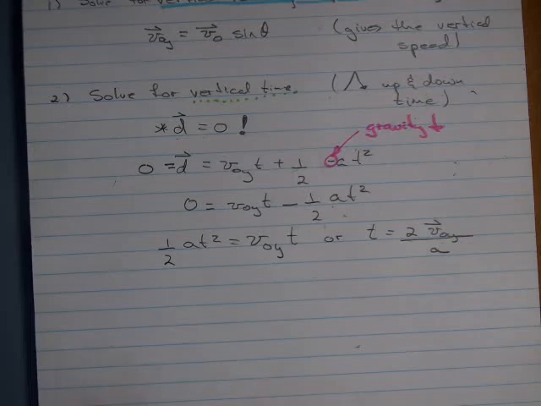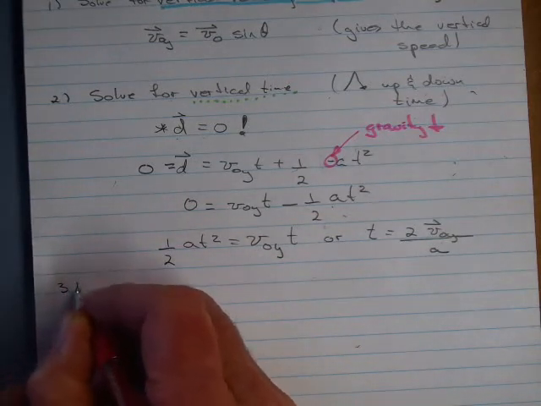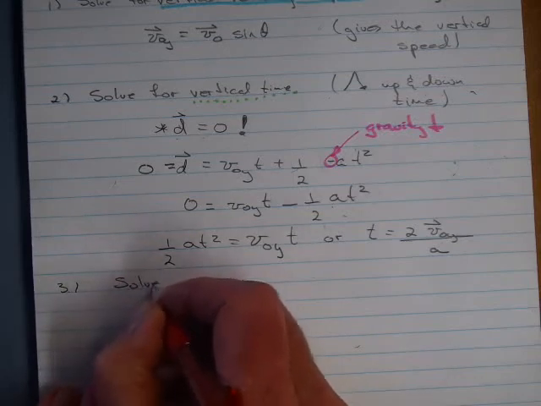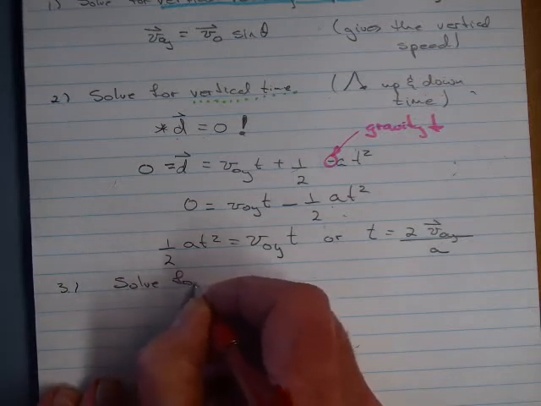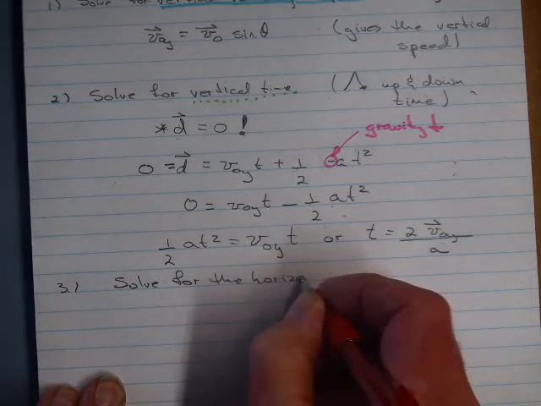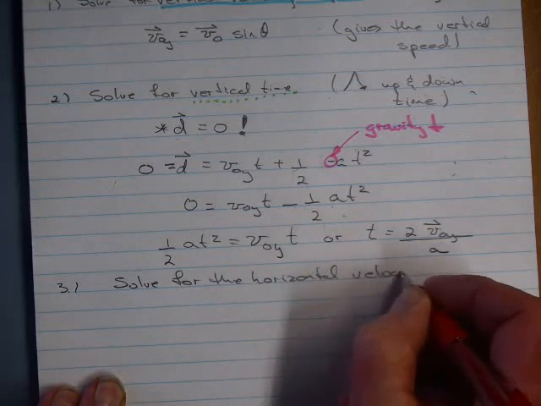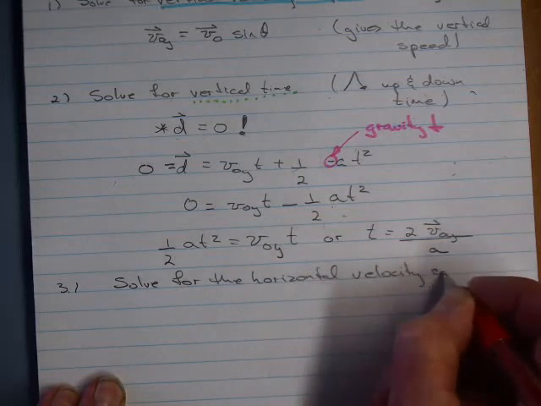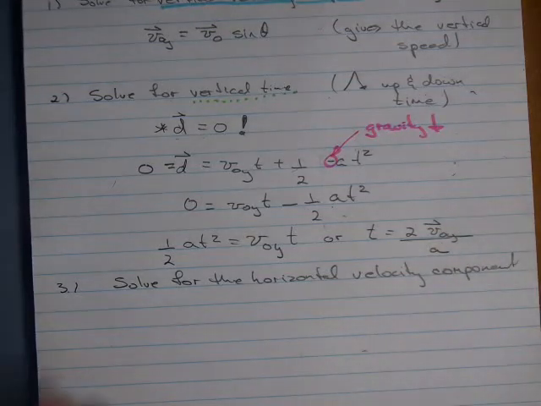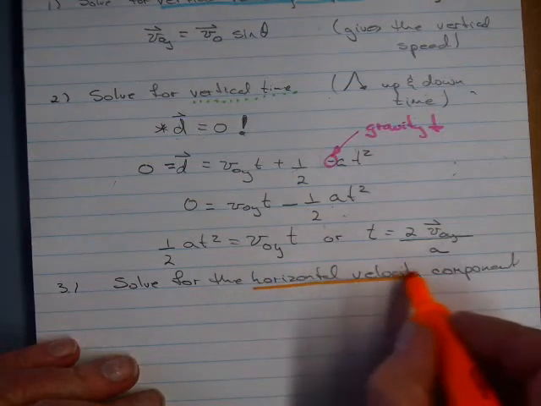So, step 3 is to solve for the horizontal velocity component. And that's the orange. I'll underline it, the horizontal velocity component.